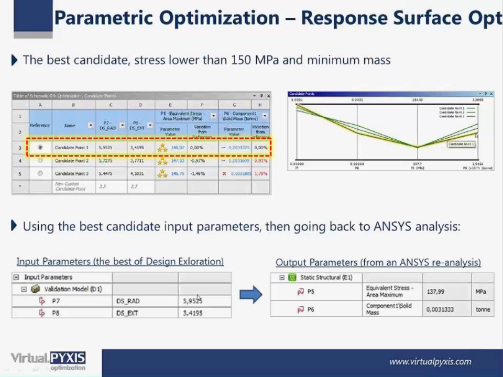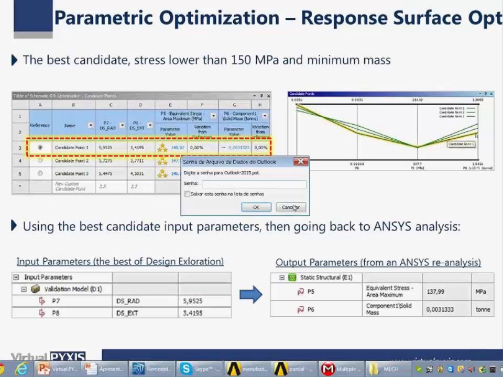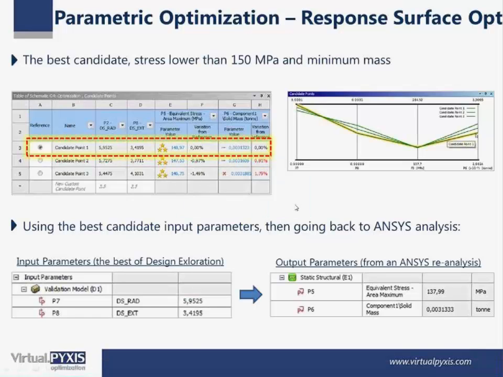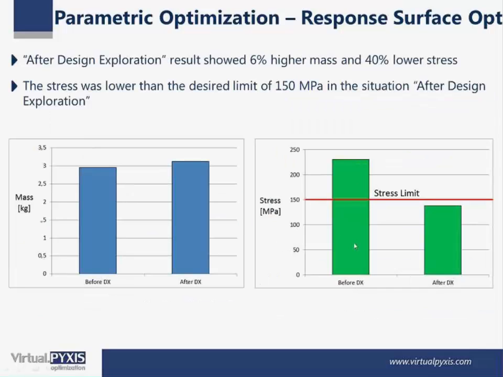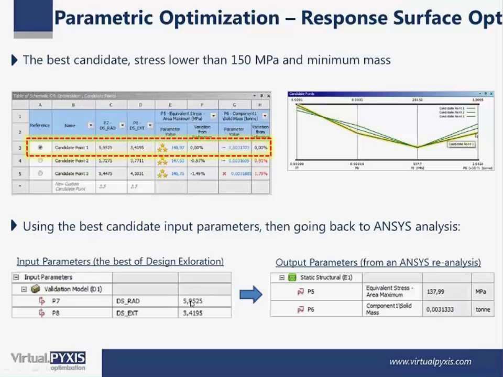I forgot also to mention that the starting point, our radius was around 3 millimeters, and the extrude was around 1 millimeter. So 3 from the beginning, the best is almost 6. 1 from the beginning, the best is 3.42.